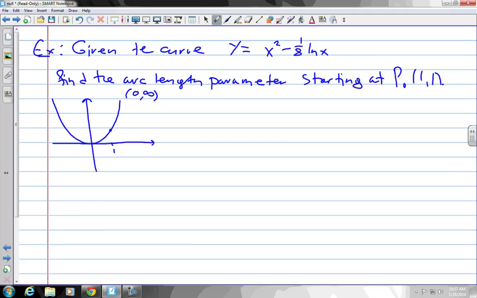But for the values that are greater than 1, natural log is positive, right? So you're going to be subtracting a positive number from your parabola, and that positive number gets bigger and bigger, but kind of slowly, right? So you're basically going to have a slower growing parabola. But on this end, the natural log is negative, right?